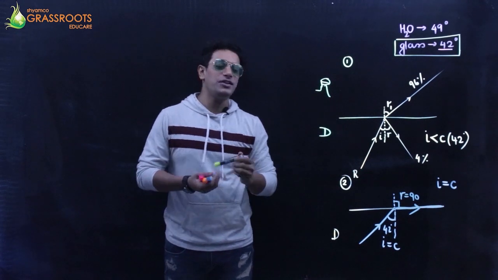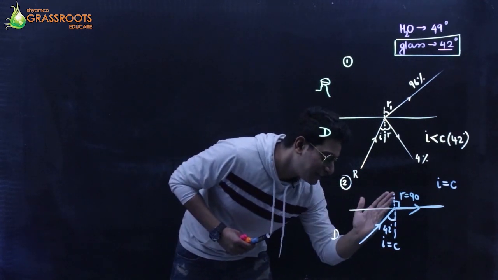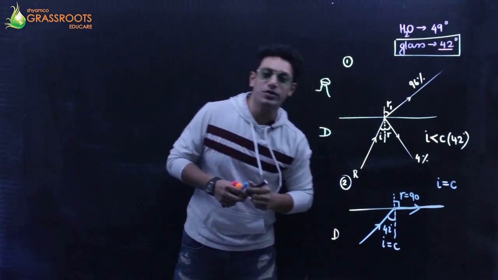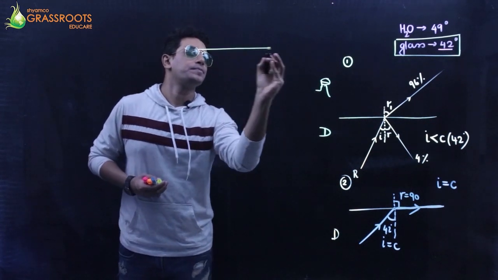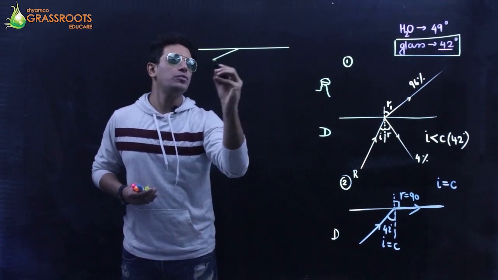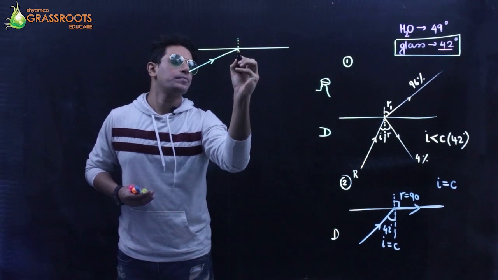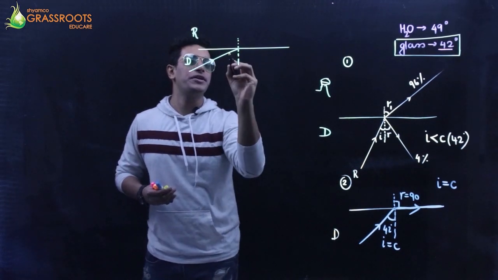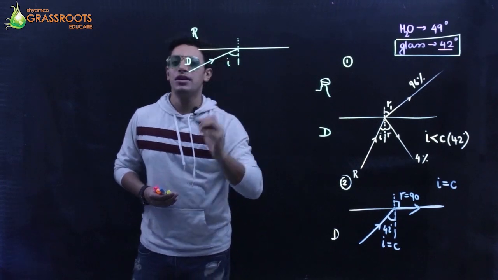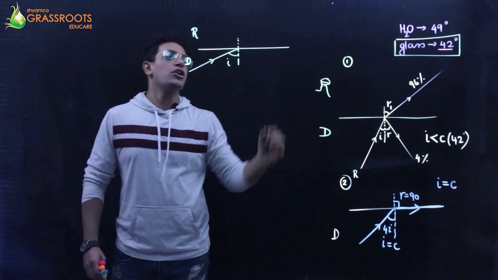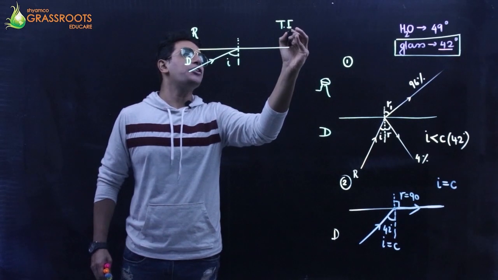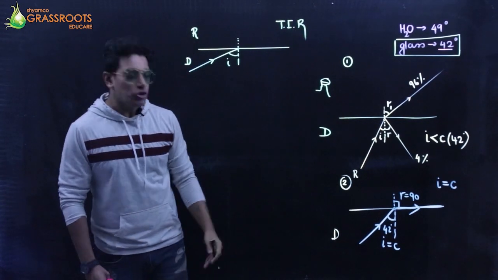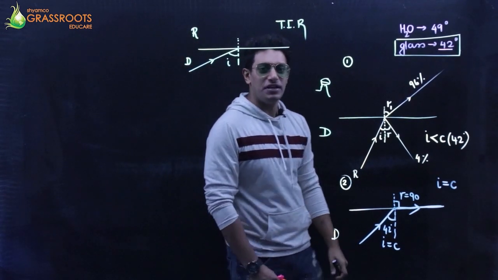And the third part: when the ray of light is incident at an angle greater than 42 degrees. Again, it's coming from a denser medium going to a rarer medium. This is the angle of incidence. This is the condition of total internal reflection. Total, 100%.